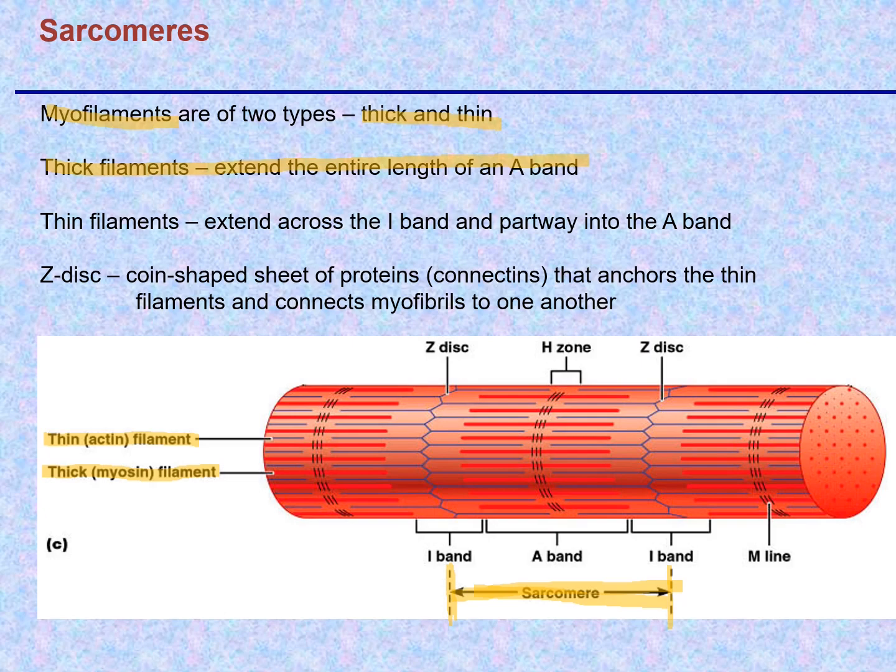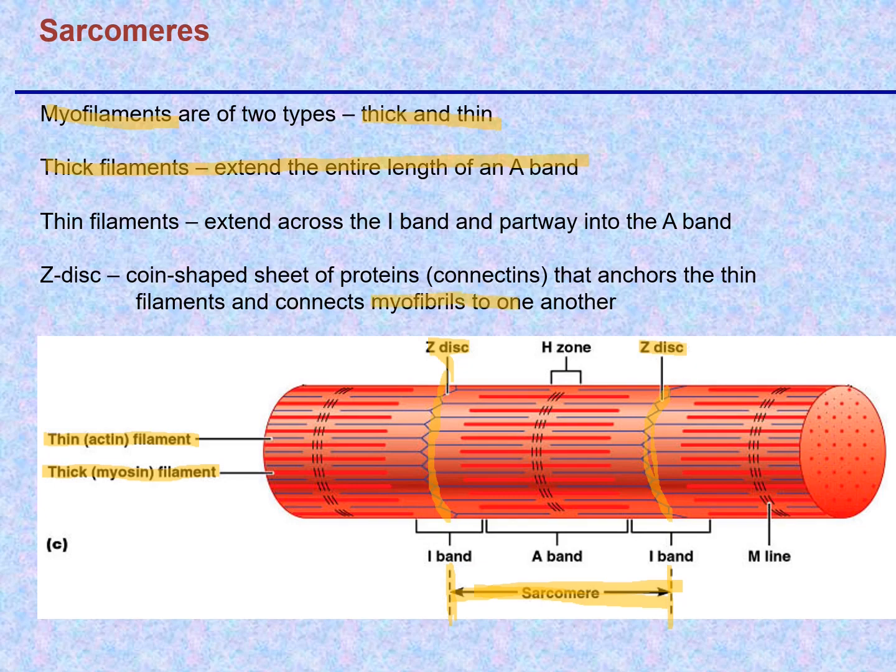It is bordered by two Z discs. These are sheets of proteins that anchor the thin filaments. So you have these Z discs, and they actually help connect myofibrils to one another.